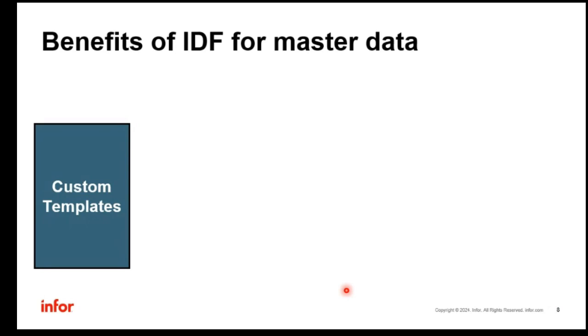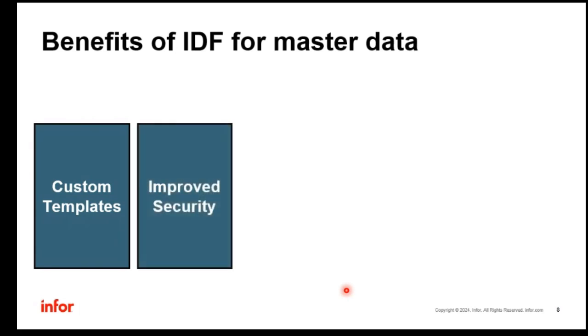So you may have different item classes for finished goods. With that, you may want to have different characteristics or different data points that you want to collect based on that. So it allows you to build a very specific process and a way of defining data based on the type of record you're creating.